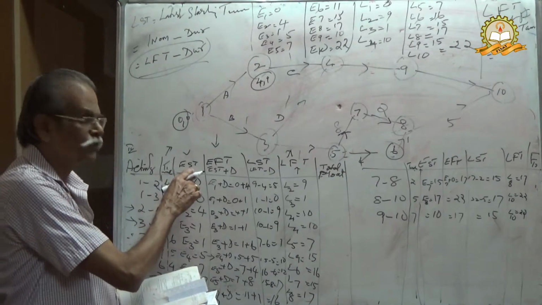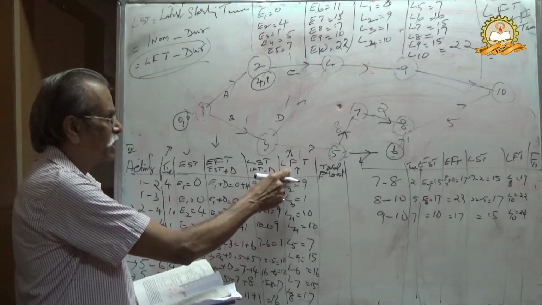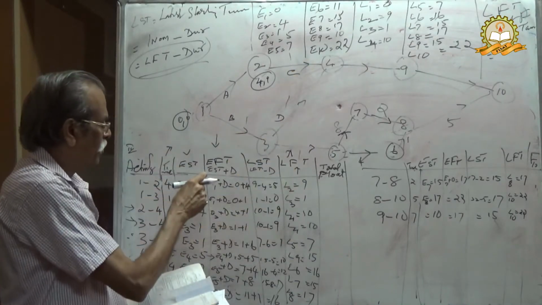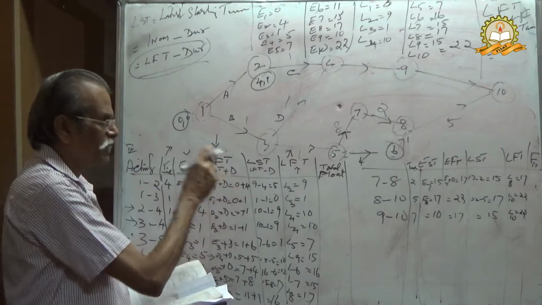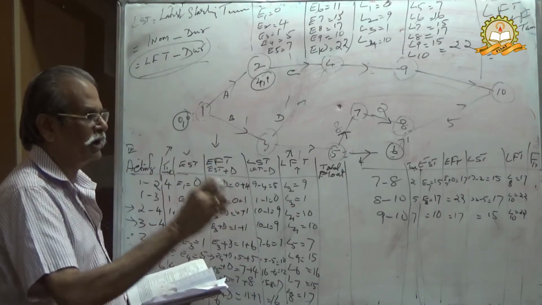Therefore, you find EST initially, then you find LFT, that is the finishing time, by E1, E2, etc. And this EFT is early finish time. Start time plus duration. EFT means early finish time.